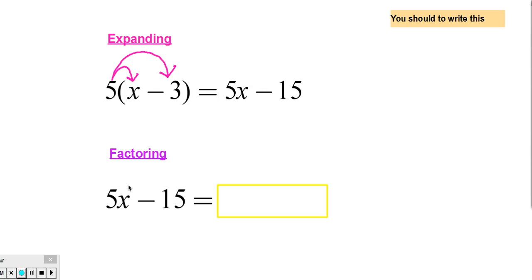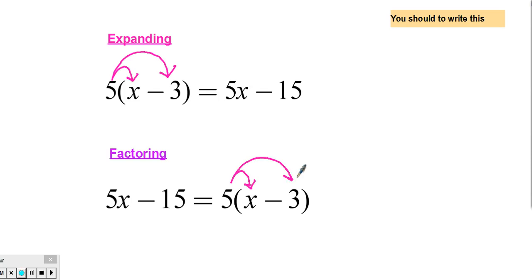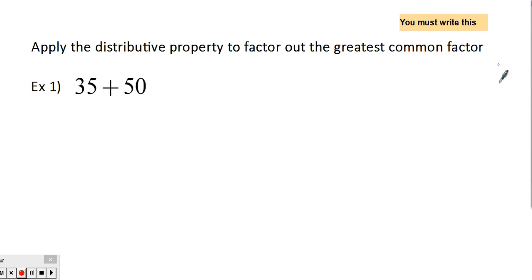Factoring is taking out a factor from each of these numbers, which will be 5, and finding the factors or the numbers that you multiply to get 5x and negative 15. So if you want to check your answer, do the distributive property, and you're still going to get 5x minus 15. Okay? So let's try them on our own.